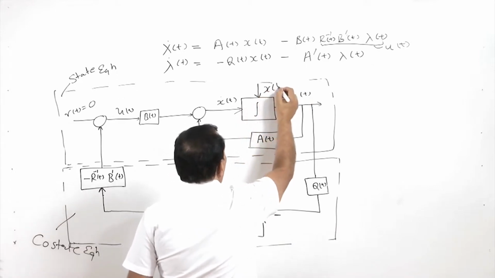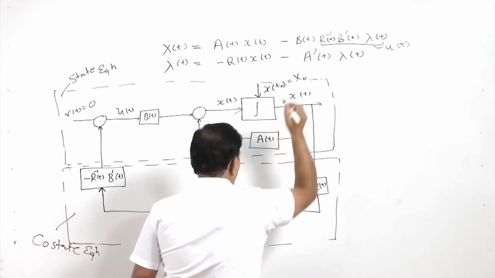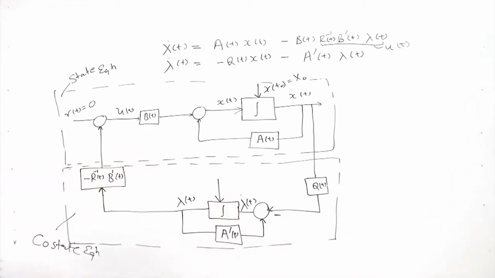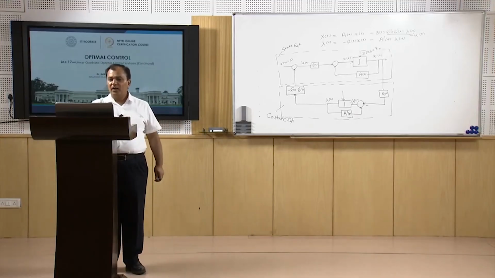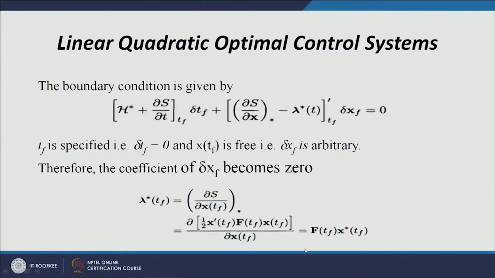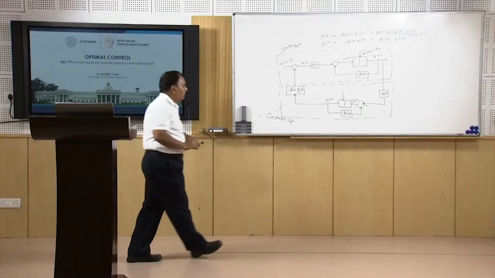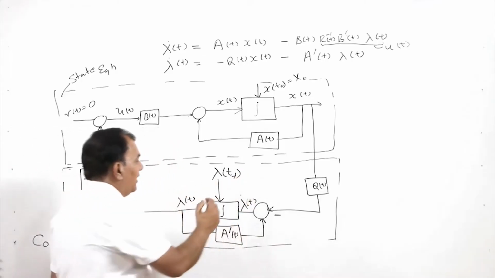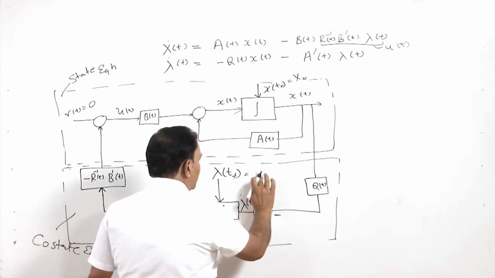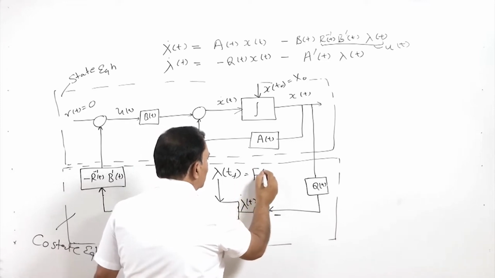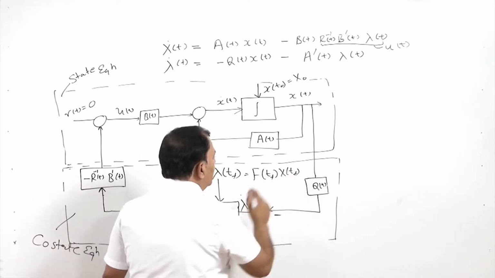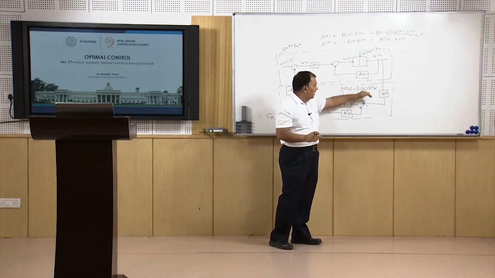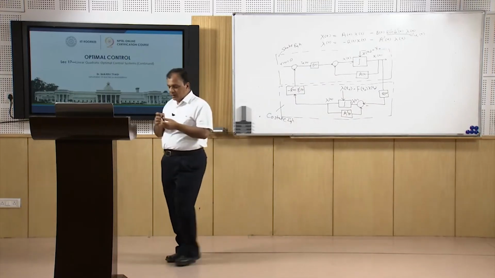In my system I am given x t0, and for lambda t, if you recall in the previous class, when we apply our terminal conditions we got lambda t_f equal to F of t_f x of t_f. So my terminal lambda t_f is defined as F of t_f x of t_f. x t_f is my terminal endpoint condition, which I have considered: I have to transfer all my states to the origin, because t_f is finite.